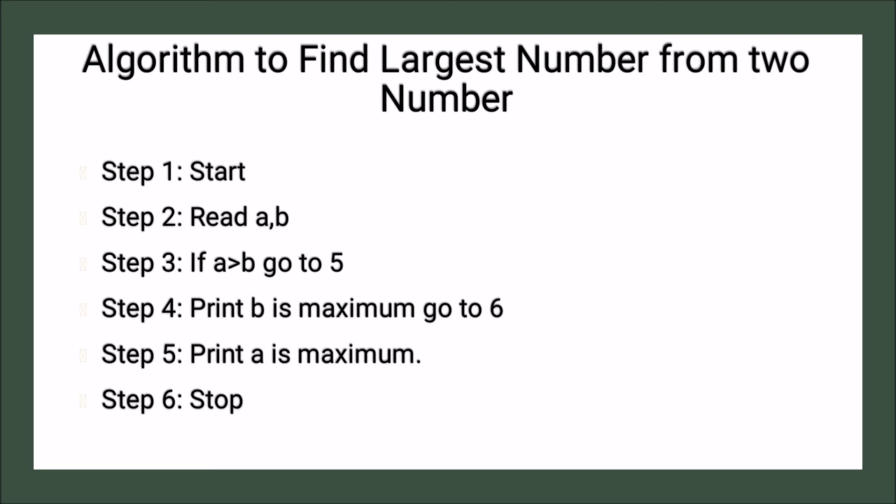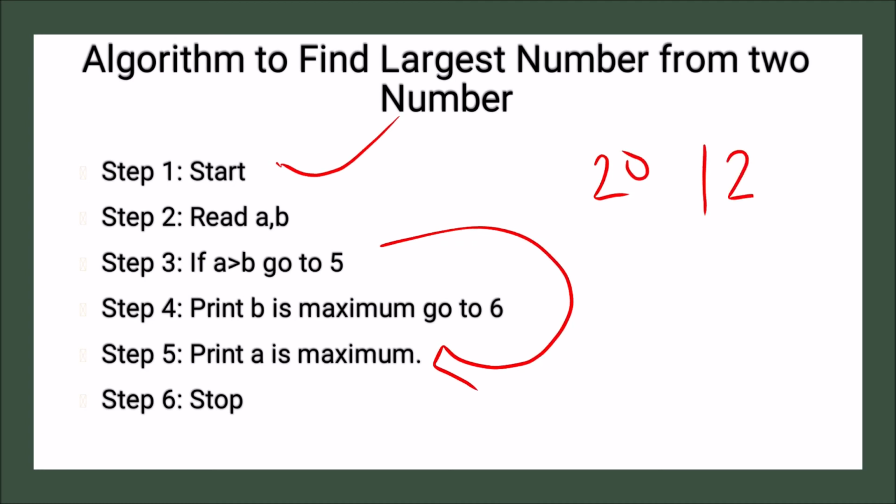This is the basic example of how to write an algorithm: an algorithm to find the largest number from two numbers. Step 1, start. Step 2, read two numbers a and b. In step 3, compare a and b: if a is greater than b, then go to step 5. Suppose we consider the two numbers 20 and 12. If this is a and this is b, then 20 is greater than 12, so it goes directly to step 5, where it is written to print a is maximum, means 20 is maximum.